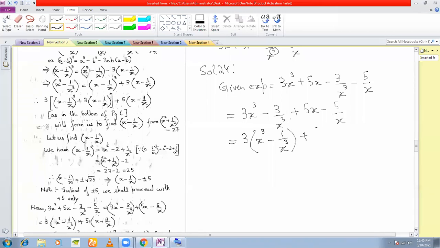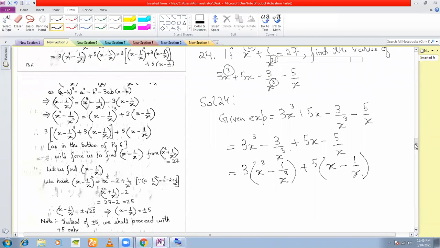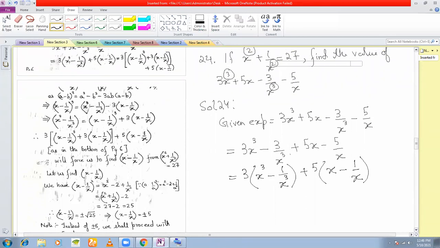Okay, and here you have x minus 1 by x, right? So that means that if we know the value of x minus 1 by x, and if we know the value of x cube minus 1 by x cube, we can find out the value of the expression. But we don't know x cube minus 1 by x cube. Neither do we know x minus 1 by x.